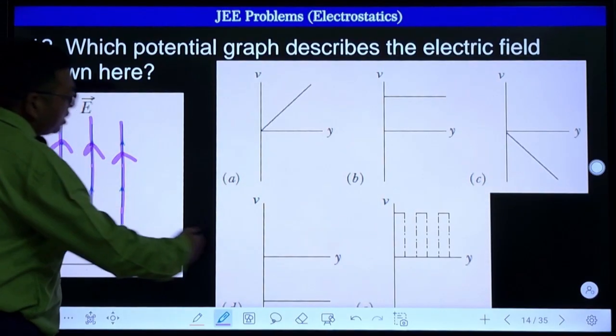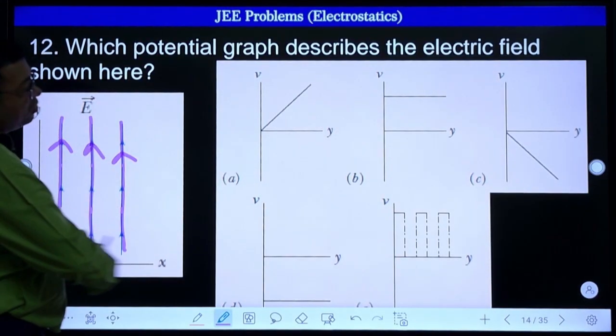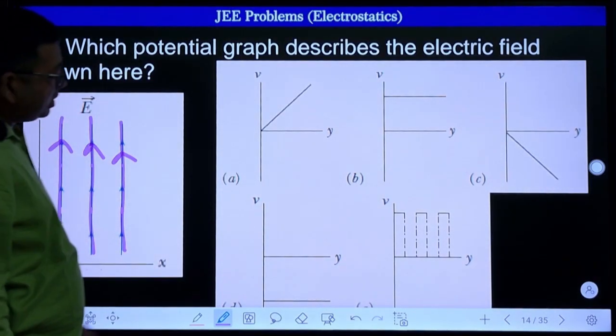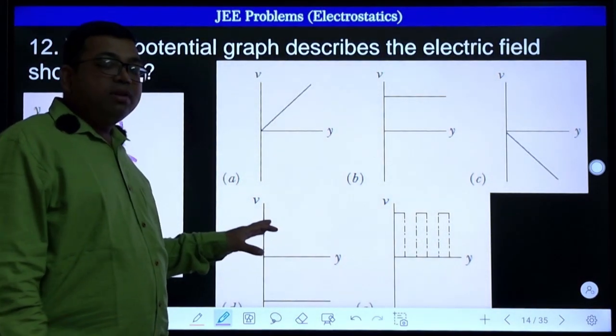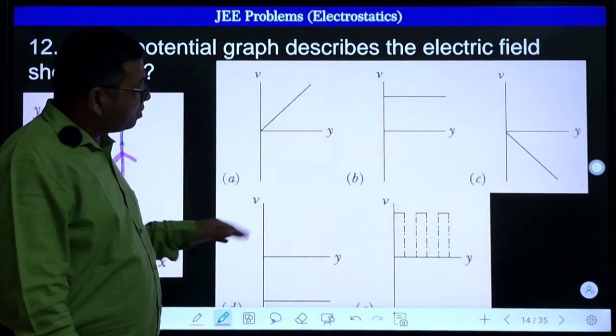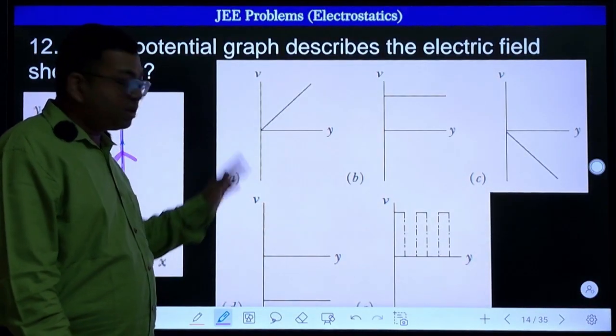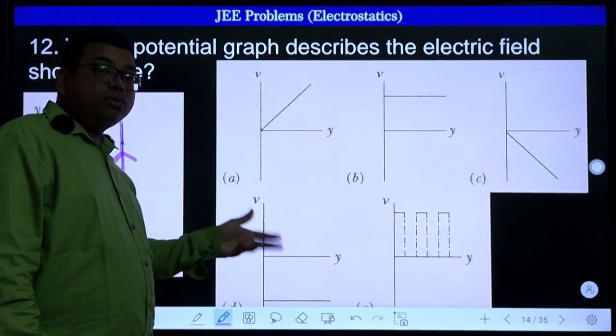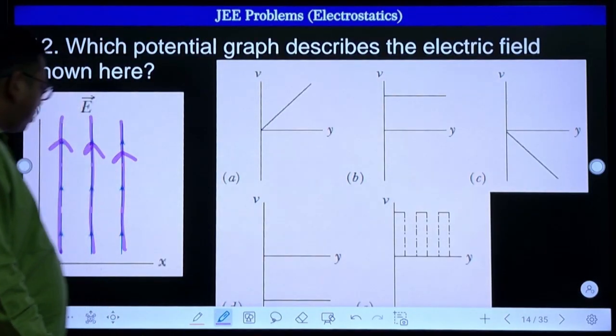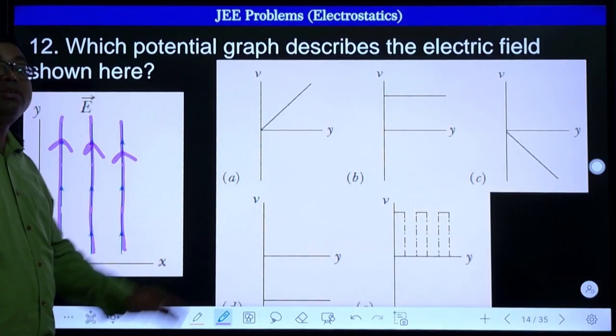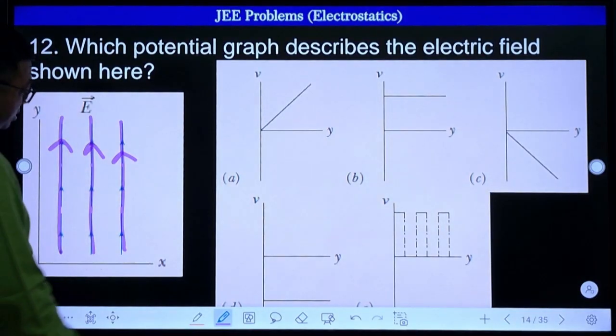There is no field along the x-axis. So you will see that in all these graphs, the variation of potential is happening only along the y-axis. If they draw the graph of V versus x, that will be 0. Why? Because along the x-axis there is no field. Field is 0. Along the y-axis field is there.